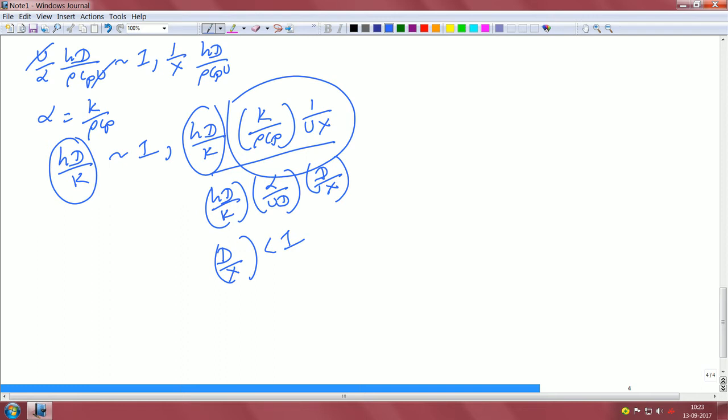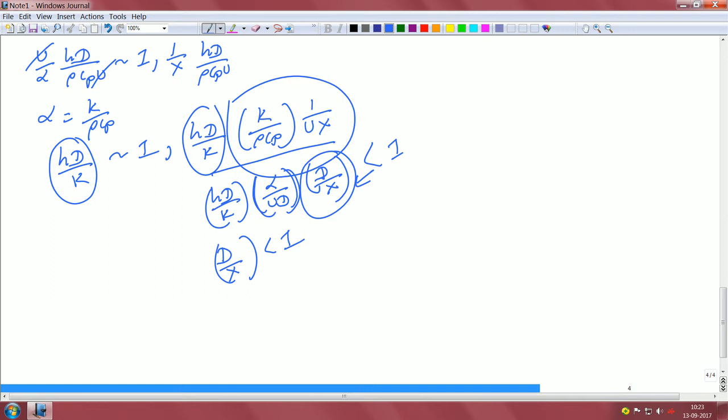So, x would normally be more than d. We are talking about pipes like that. So, this term, the one which I have circled, will be less than 1. Now, what about this term? We do not know anything about the nature of alpha by u d. The nature of alpha by u d is unknown.